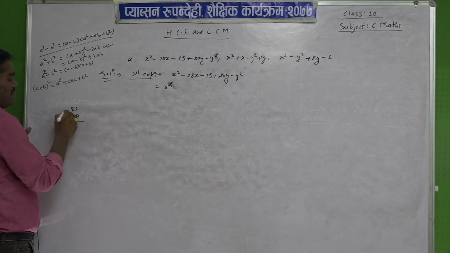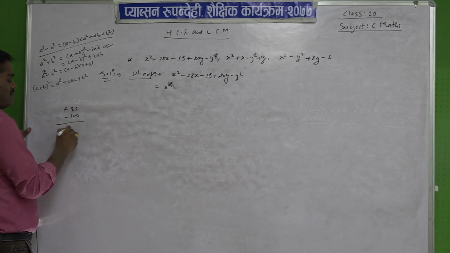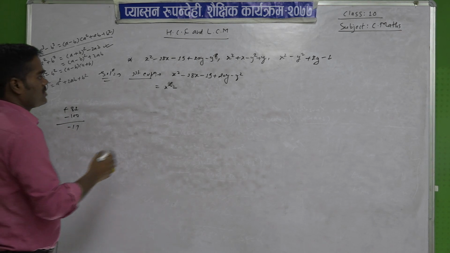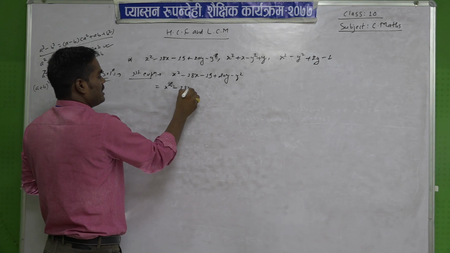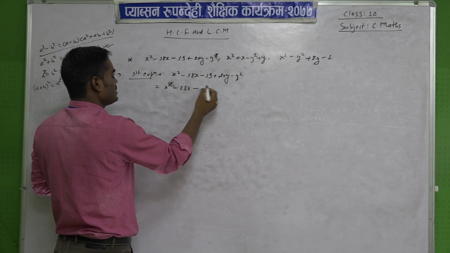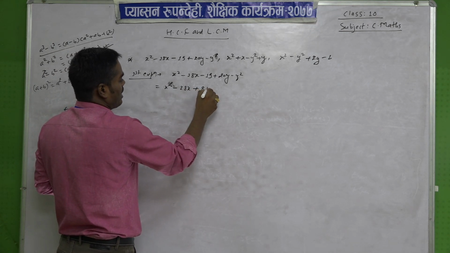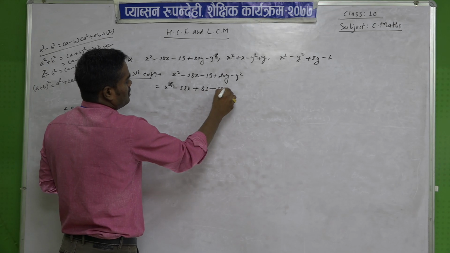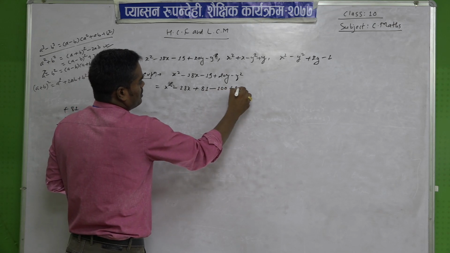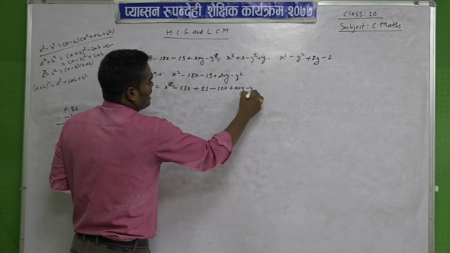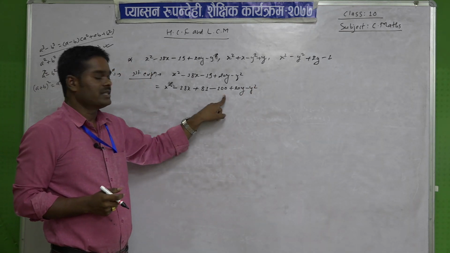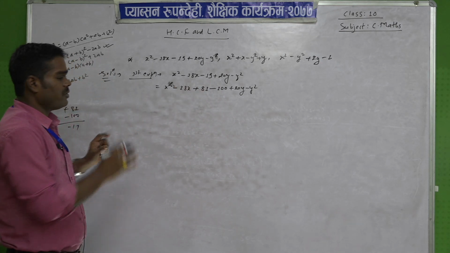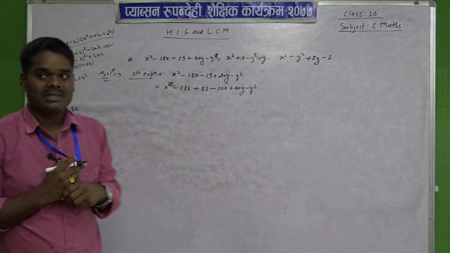So here plus 81 minus 100 means minus 19. So in place of this minus 19, we can write 18x plus 81 minus 100 plus 20y minus y square. Here plus 81 minus 100 means minus 19. Now we have got how many terms?